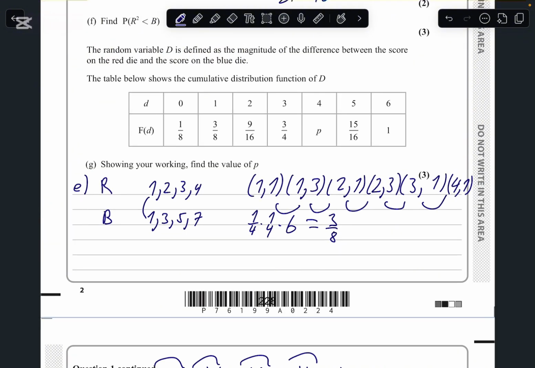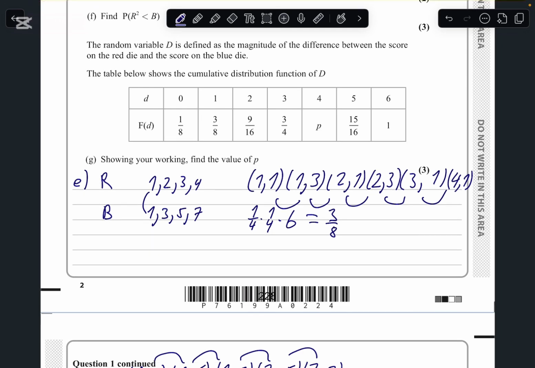In part G, we are told that the random variable D is defined as the magnitude of the difference between the score on the red die and the score on the blue die. The table shows the cumulative distribution function of D. Showing your working, we need to find the value of p. To find p, we need to find the probability when the difference between the two is 4 and add that to 3/4 because this is a cumulative distribution function.